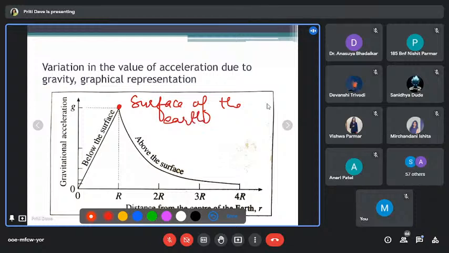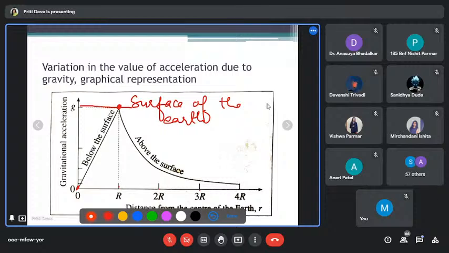Alright, so you can see that below the surface, it keeps decreasing, towards the center it becomes zero. In the same way, above the surface it keeps decreasing. This is the radius, then this is 2r, then 3r and so on and so forth. So distance from the center of the earth. In both the cases, the gravity goes on decreasing. As you can see from the graph that it is maximum on the surface of the earth.